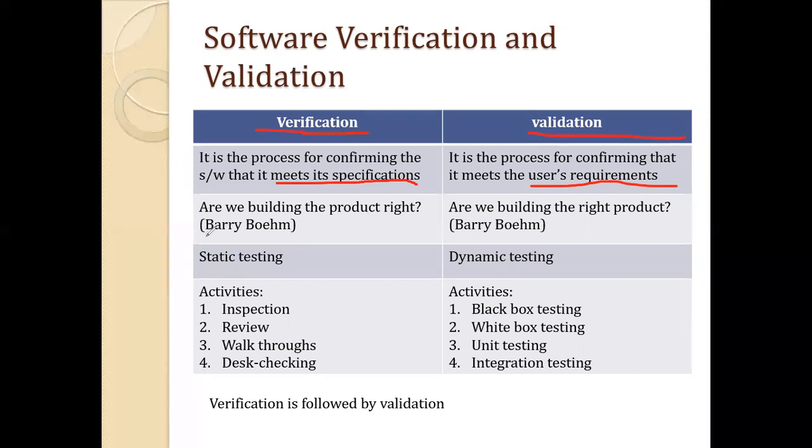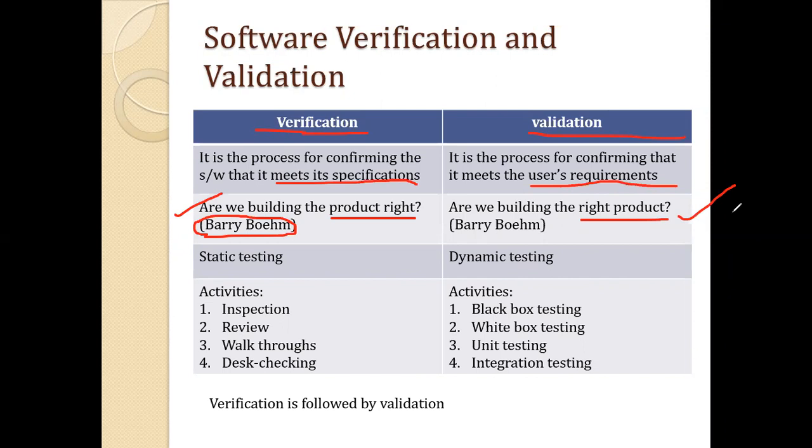So one scientist called Barry Boehm has suggested one definition for verification and validation, and that is, are we building the product right? So whatever the methodology is there, whether that is proper or not, will be checked here. So are we building the product right is nothing but the verification. And here in validation, are we building the right product is the definition in case of validation.